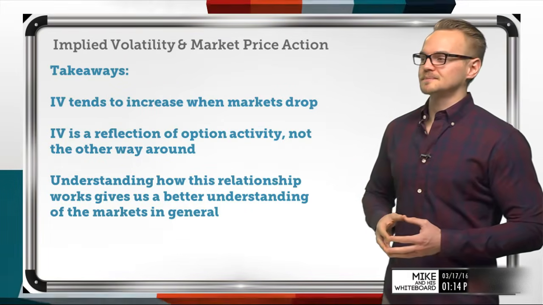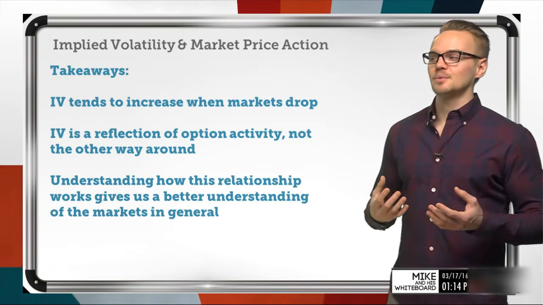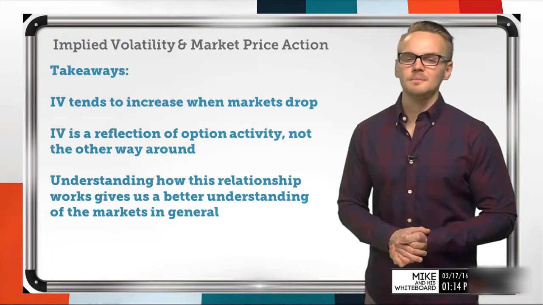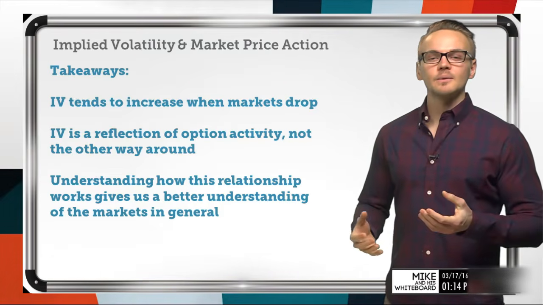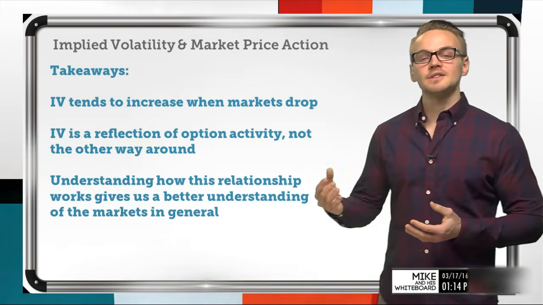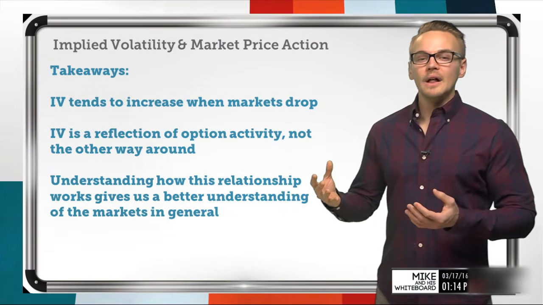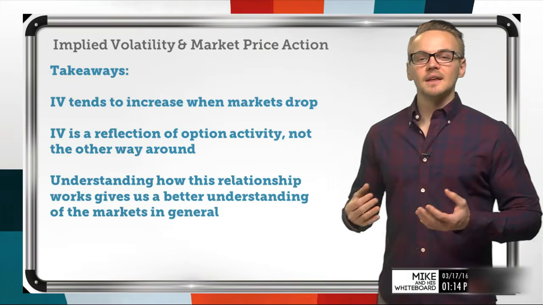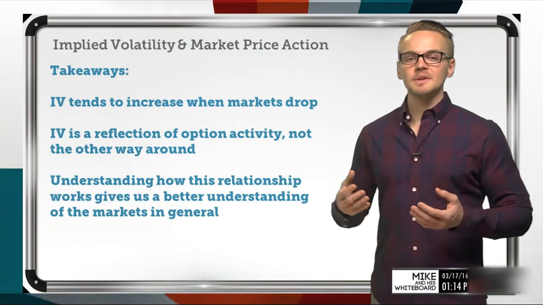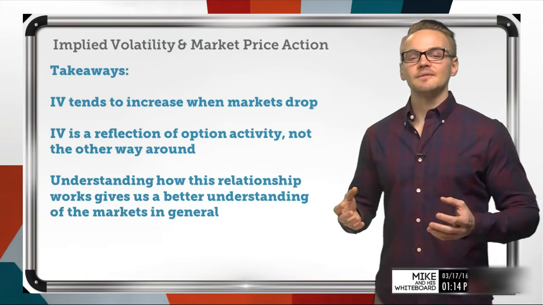And lastly, speaking of that relationship, understanding how this works gives us a better understanding of the markets in general. If we can take away from this that there does tend to be a relationship between volatility and its counterpart, while that is true for most of the time, it doesn't always have to be. So there might be situations where we see volatility go up and the S&Ps go up and vice versa.